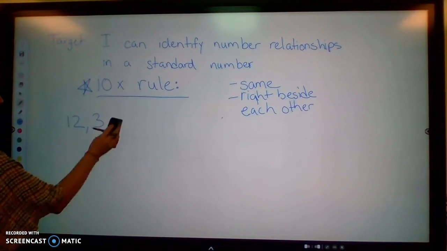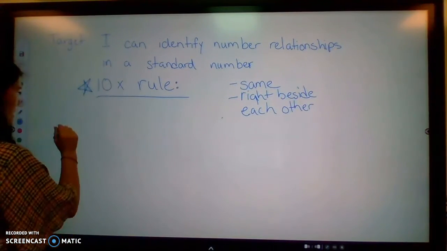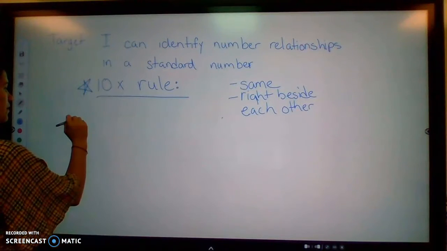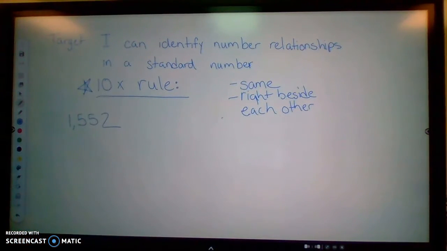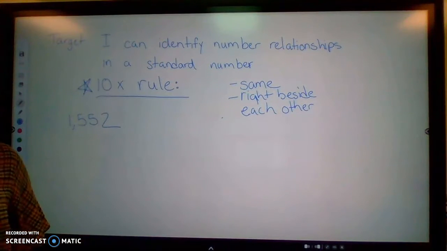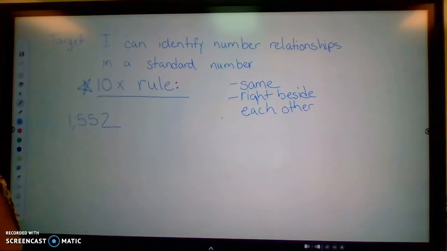I'm going to change that actually. Mess that one up. We have 1,552. We will check to see if this is following the 10 times rule.